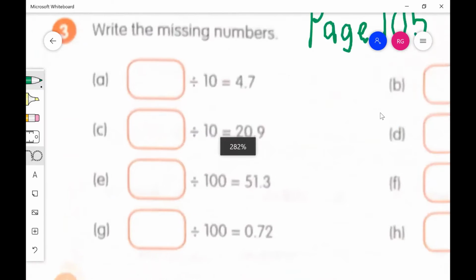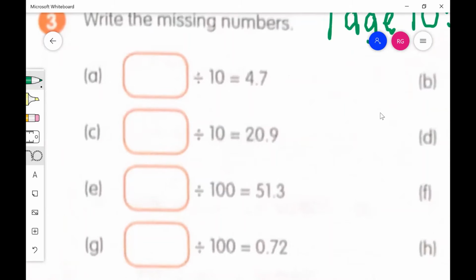For part A, it says blank divided by 10 equals 4.7. If we think about this, whatever this number is, we would move the decimal one place to the left from this number.